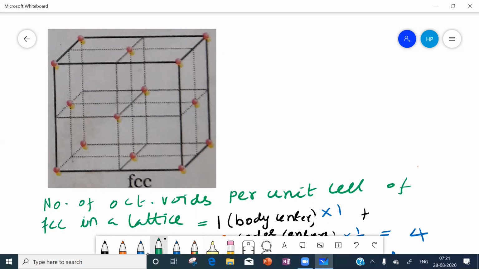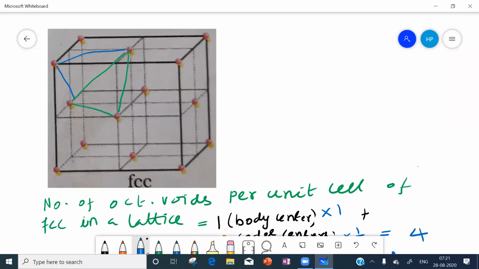So we'll take again. We'll join this one and this one. Then we'll join these two. Okay, it is one triangle. Next we'll join these two.